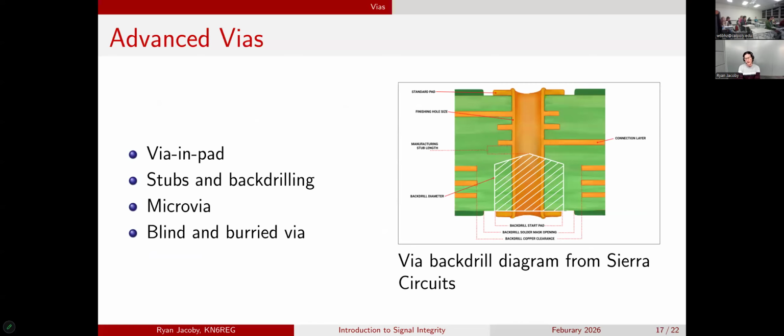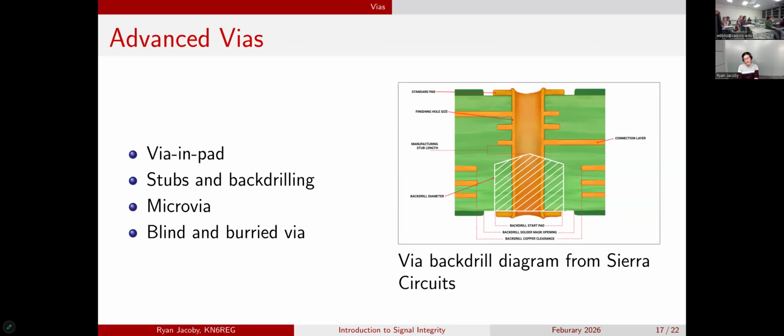All right, more advanced things about vias. A couple of things that we do to solve issues with them. One, via in pad. Vias are physical drills through the board. We can't actually put them that close together, and so they take up a significant amount of board space.